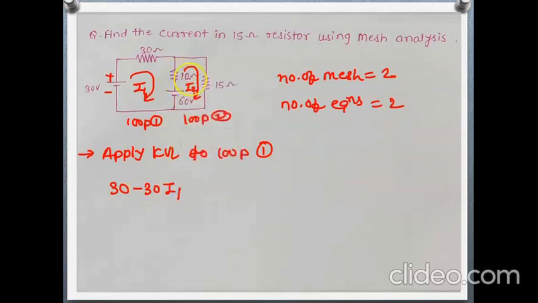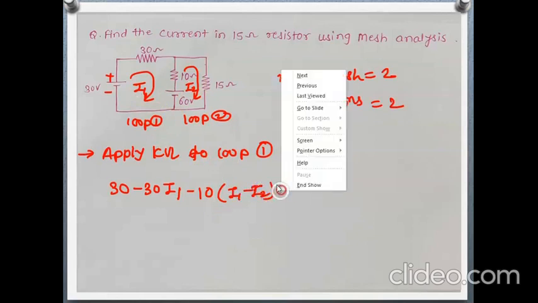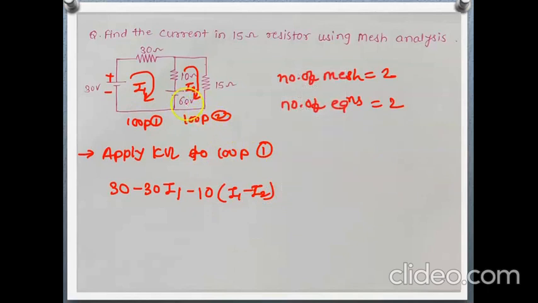Then through this 10 ohm, observe here I1 is flowing downward and I2 is flowing upward. We are in loop 1, so for us I1 is more than I2. So 10 (I1 minus I2), and this is also plus 2, minus 60 equals 0.